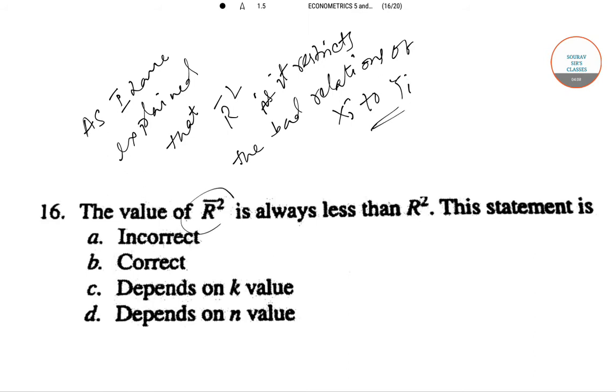Therefore, the value of R bar square is always less than R square. This statement is always correct, while the options depending on the value of k or n are incorrect. So option B is the correct answer.